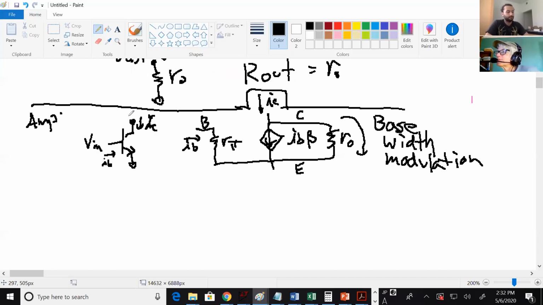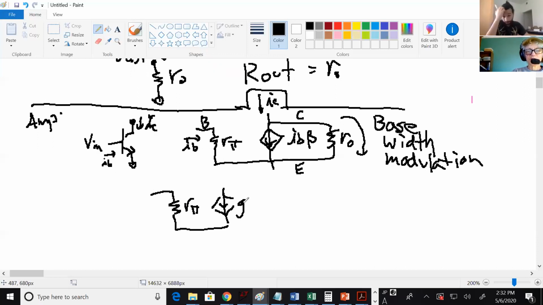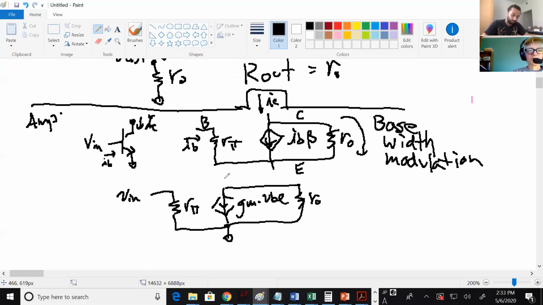Isn't it RO as well? Yes. Okay, so first step, again, we're looking at perceived resistance. If I change that voltage, how much does the current change? gm VBE, RO, and the emitter's connected to ground. Vin's here. Here's your I test, and the collector is your V test.